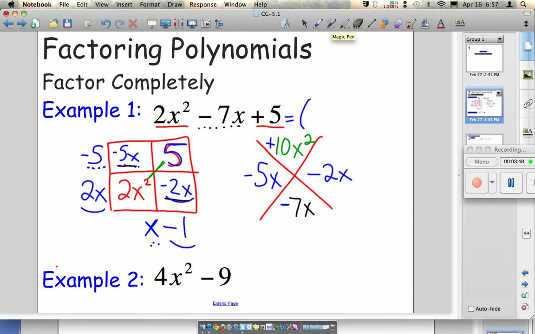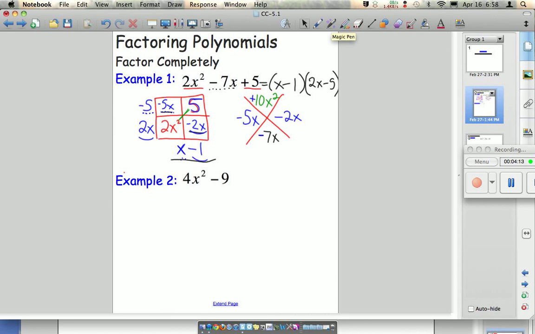So we're going to rewrite this as a product of two binomials, in this case x minus 1 times 2x minus 5. And I have factored completely. So that's example 1. Remember, we factor it out by using our generic rectangle and diamond problem.